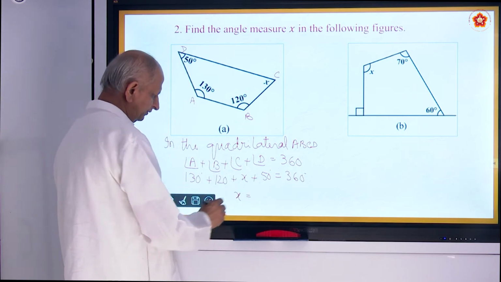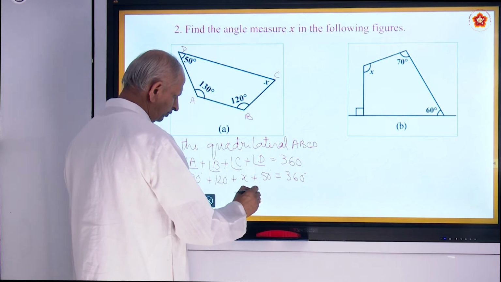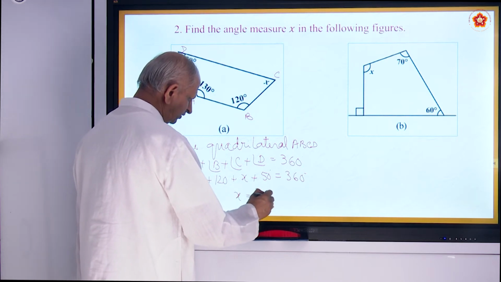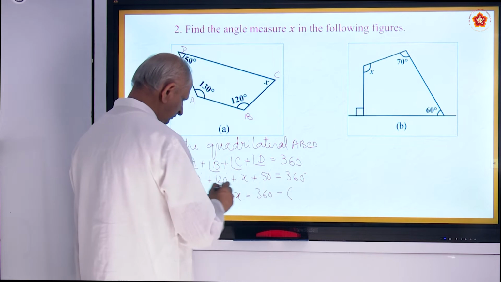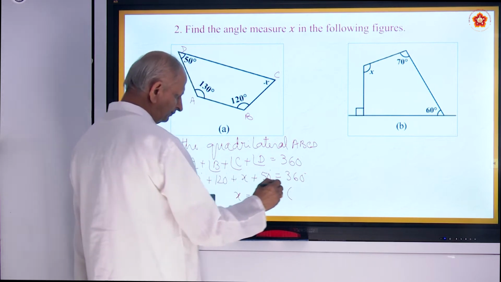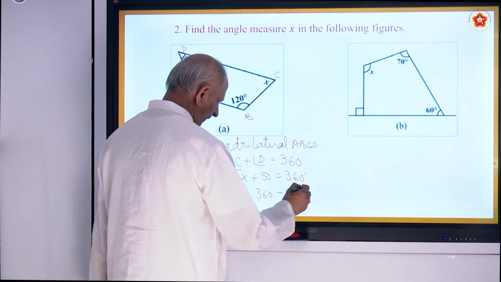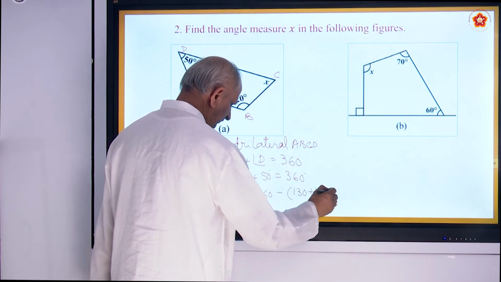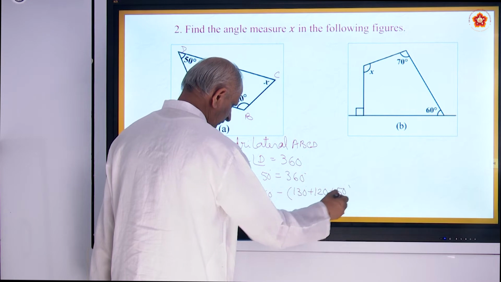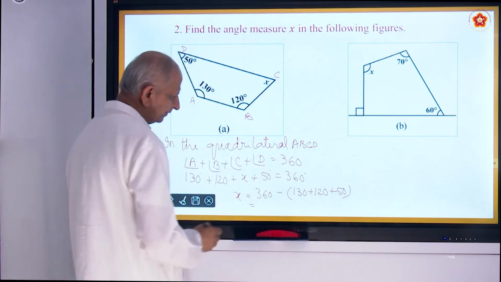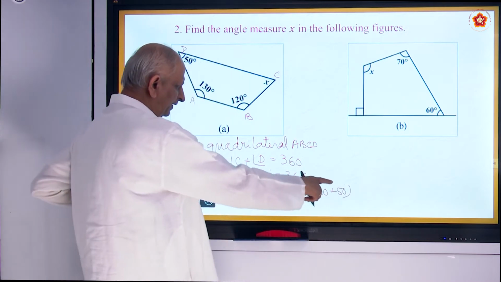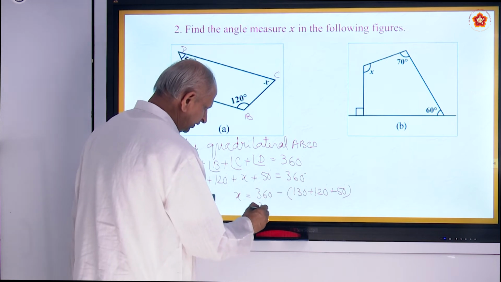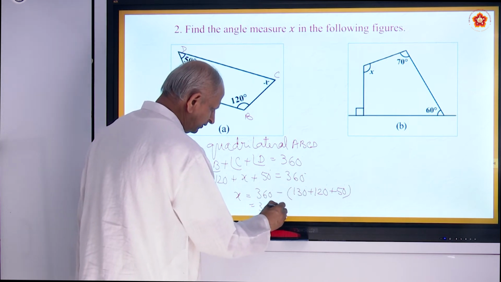X, meaning angle C, is equal to 360 minus (130 plus 120 plus 50). Come on, how much does it come to? This is 250 plus 50, 300. 360 minus 300.